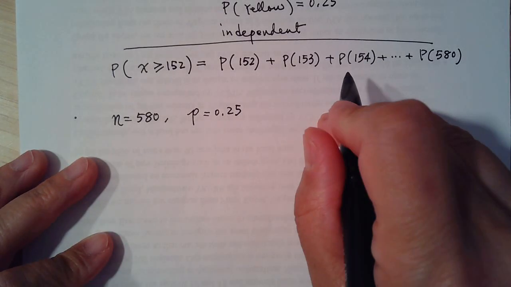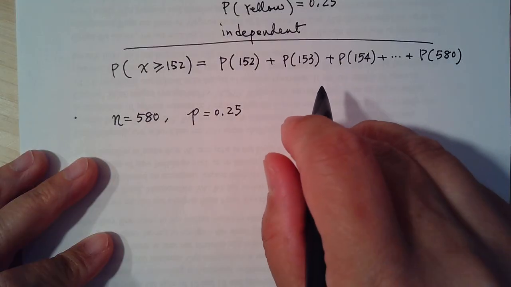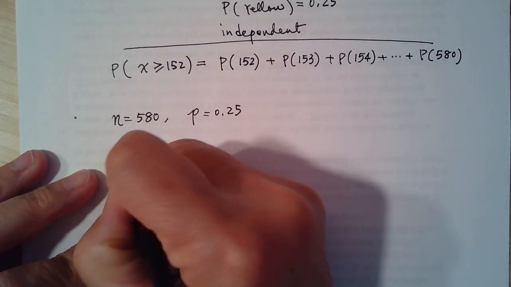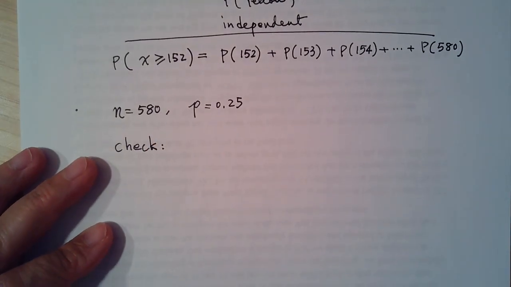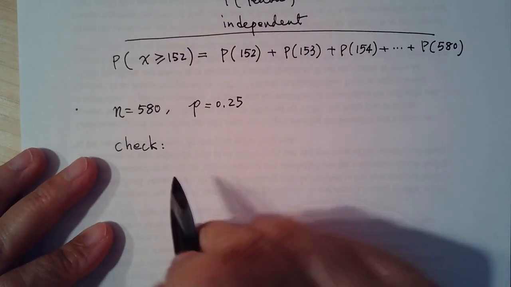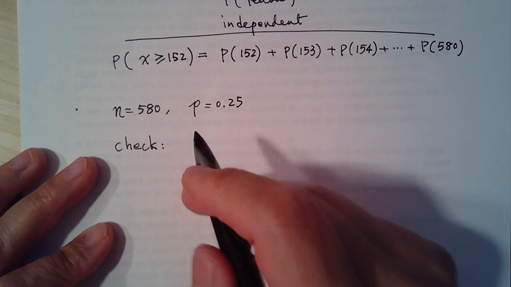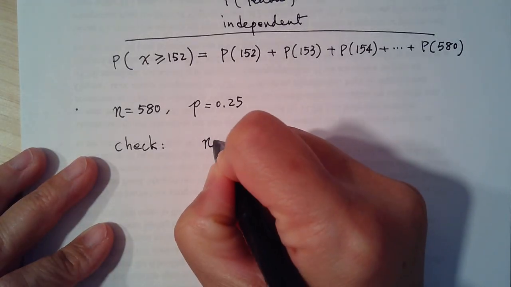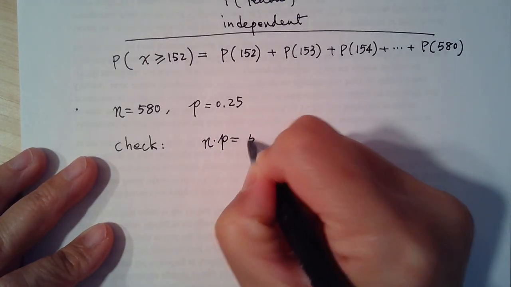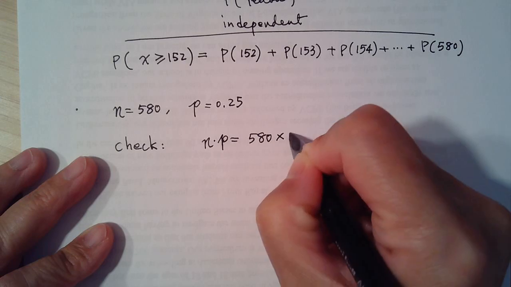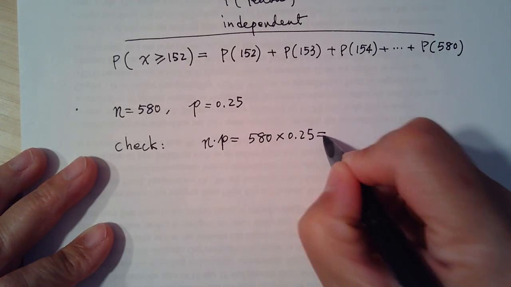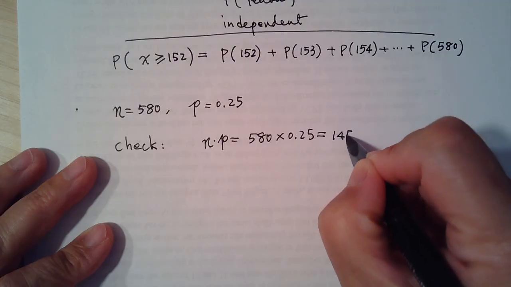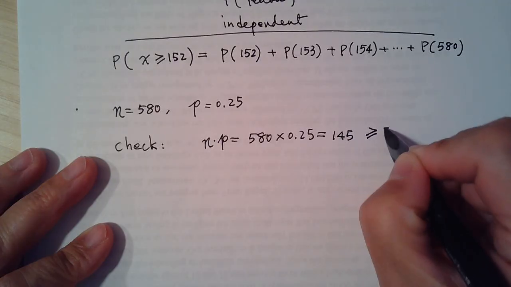But before that, keep in mind there's one thing you have to check. I want to see you write this in your quiz. You're going to check np, which is 580 times 0.25, and that equals 145. That is greater than or equal to 5.